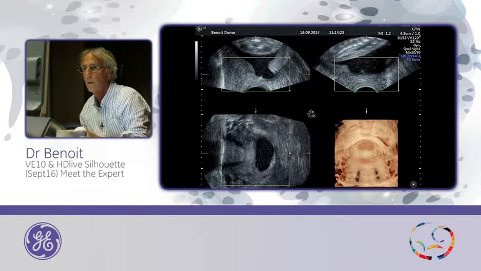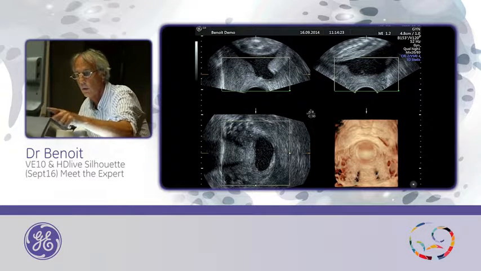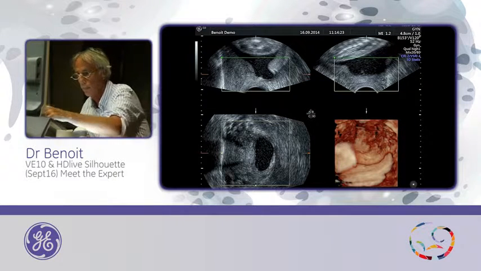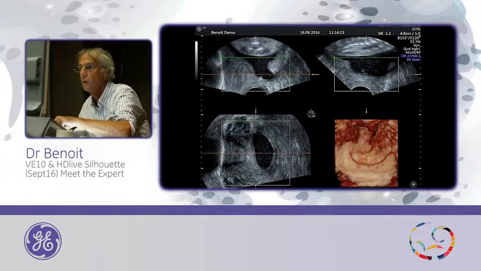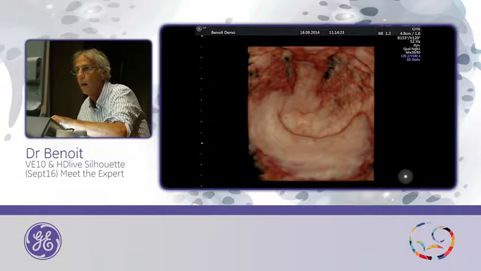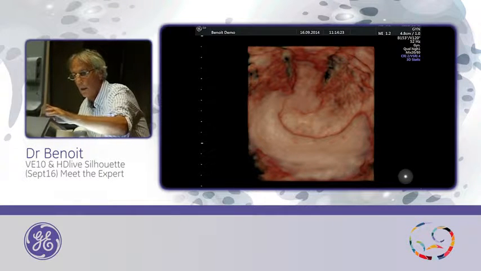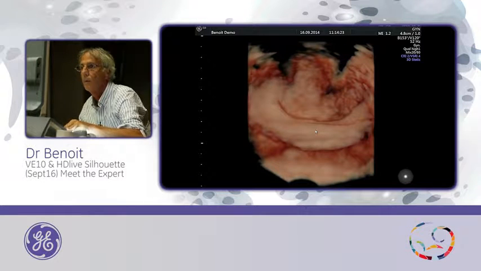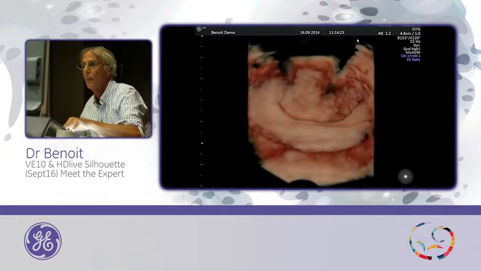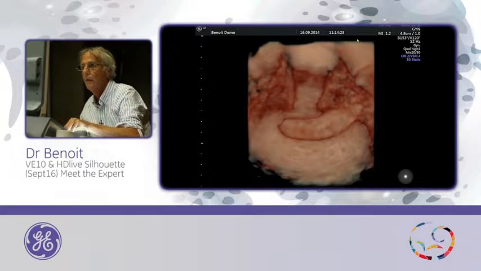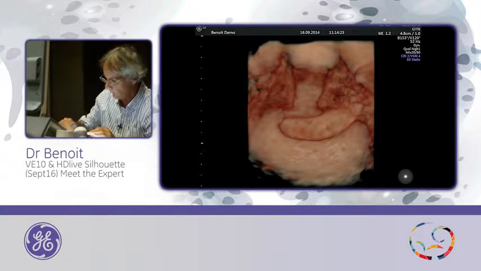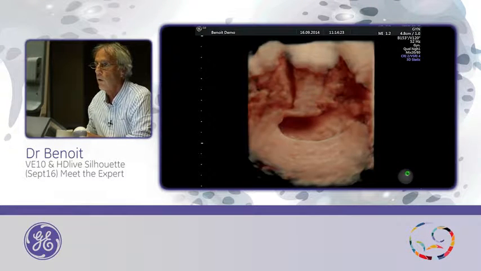So, okay, the green line is not in the correct position, so I will move to the upper position, rotate, and with a magic cut I will clean this part, and this is a view of this from inside the uterus, the view of this scar.